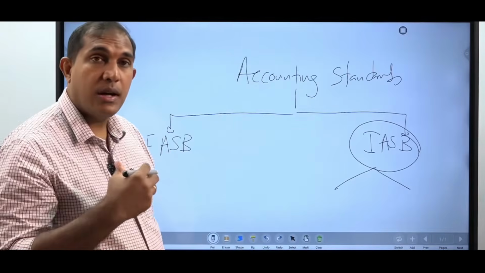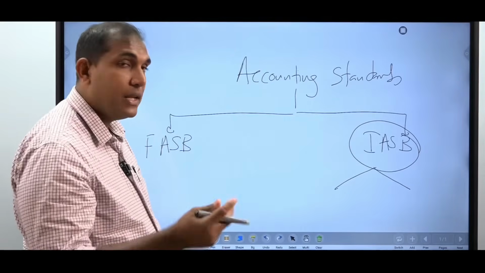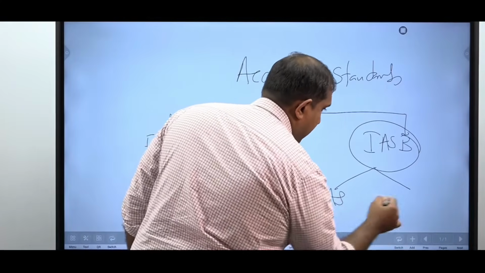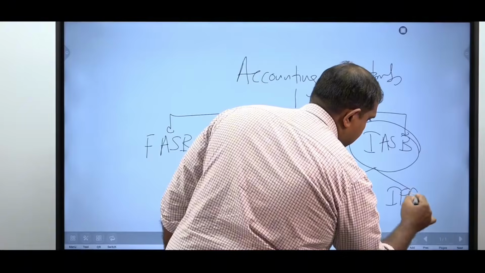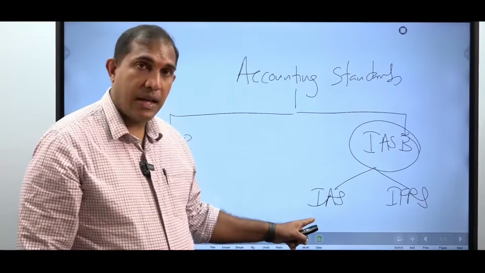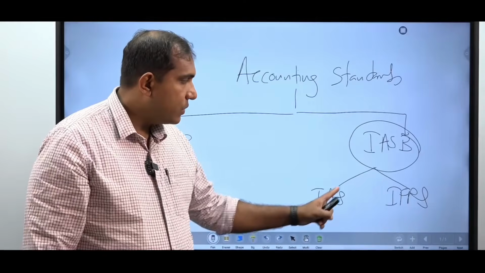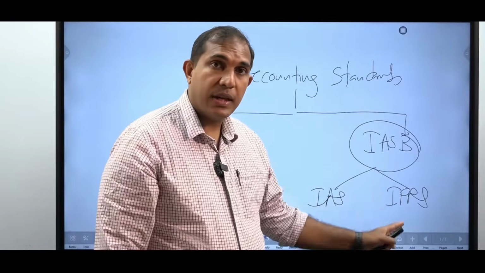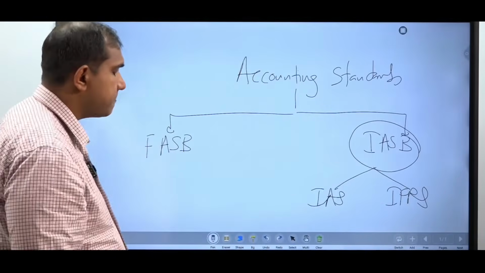The International Accounting Standards Board issues accounting standards under two names, IAS and IFRS. IAS stands for International Accounting Standards. IFRS stands for International Financial Reporting Standards.